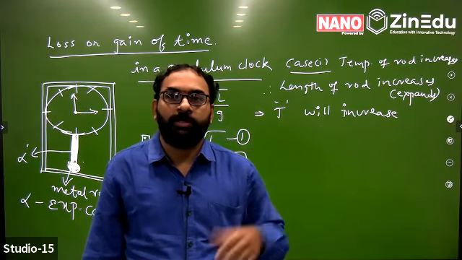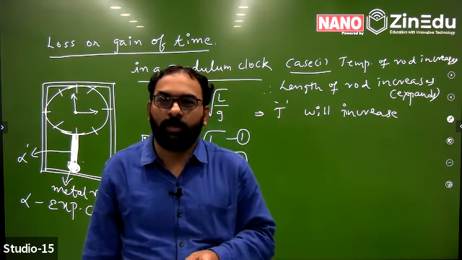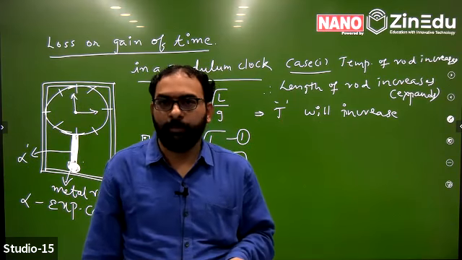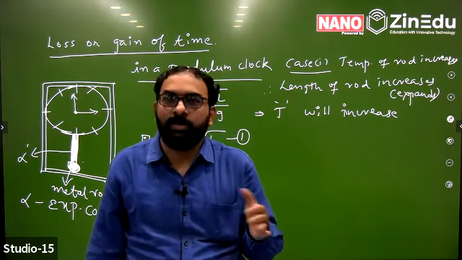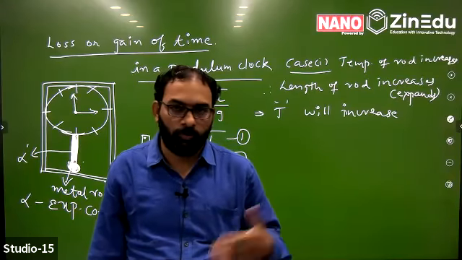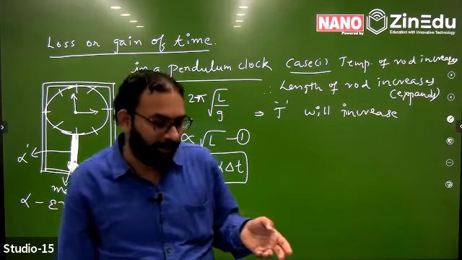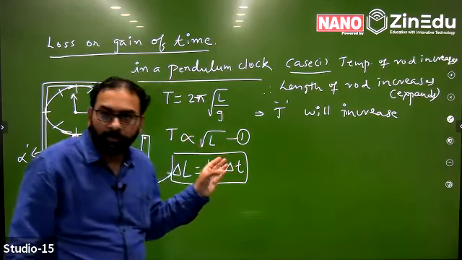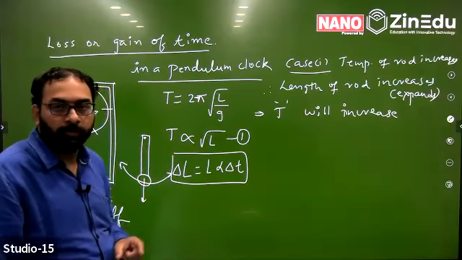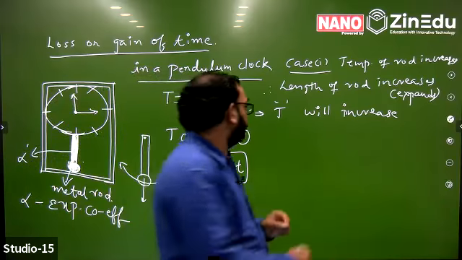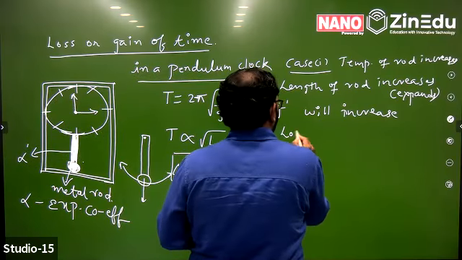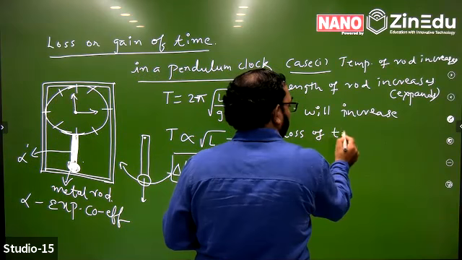So in general words we can say it is showing wrong time, or it is slow. In general words we can say the clock is running slow. This is a general statement, but technically in physics, we say there is a loss of time.